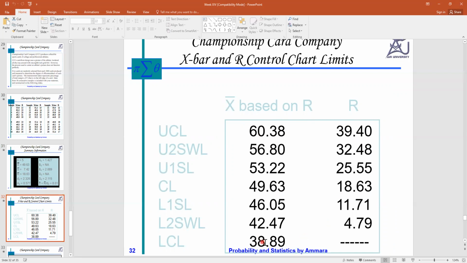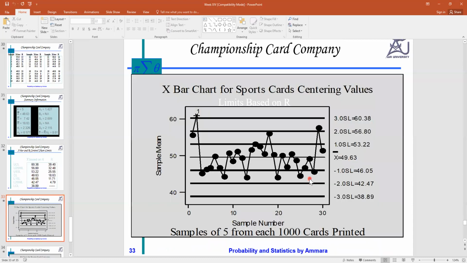The lower control limit is 28.89 for X bar, and for R it is 0 because the D3 value is 0 here. We constructed this data, and this result is the outcome of Minitab software. Here you can see the upper control limit, the lower control limit, and the central line, with all sample points 1 to 30 drawn.